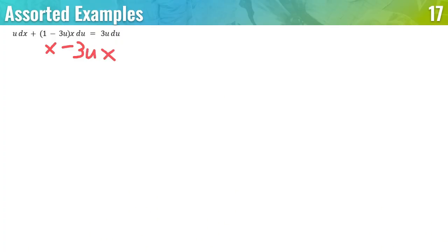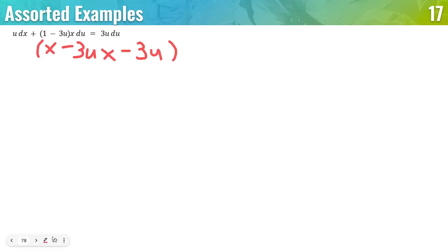And if you move the 3 here into the left side inside the du, it's just going to be like this. So let's see. Okay, so it doesn't seem like it's variable separable.